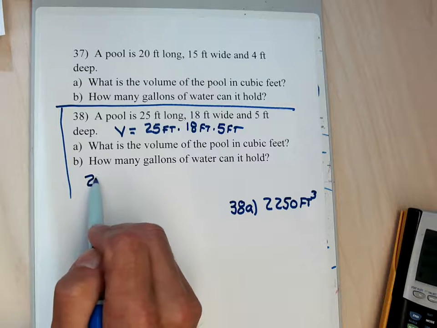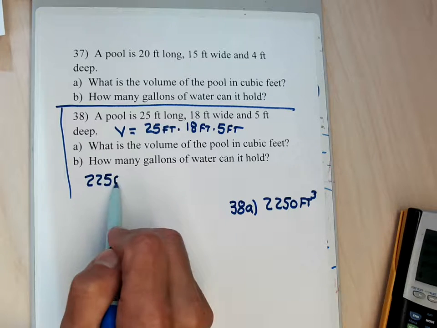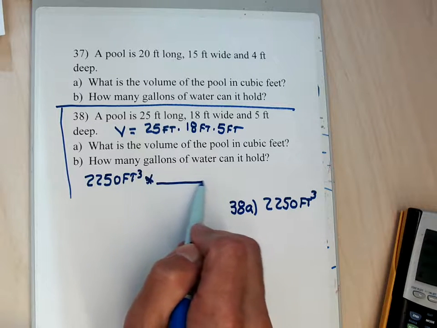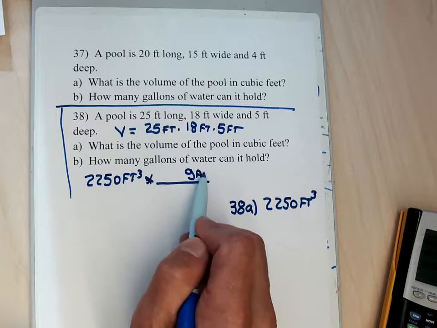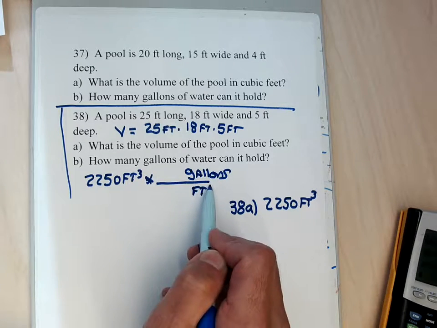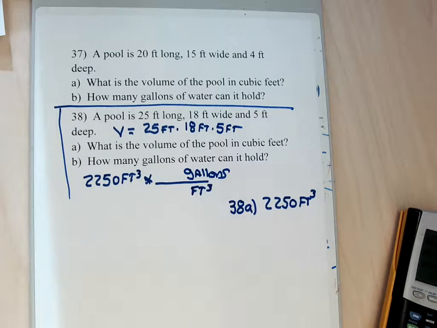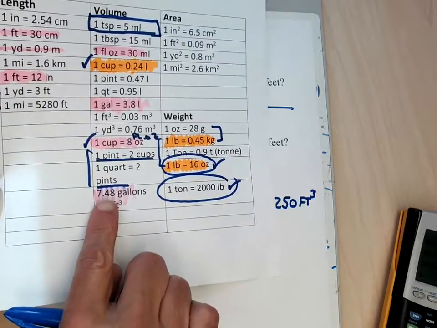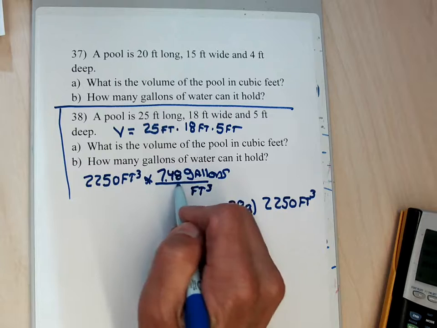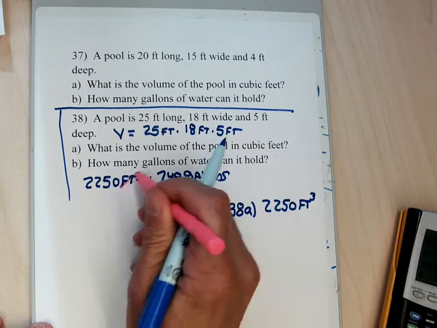For part B, how many gallons of water will it hold? Well, I need to convert the 2,250 cubic feet that I computed in part A into gallons, and I'm going to do that by multiplying by a fraction that has gallons in the numerator and cubic feet in the denominator, and I'm going to use that same 7.48 gallons as 1 cubic feet. I'm going to cancel out the cubic feet.